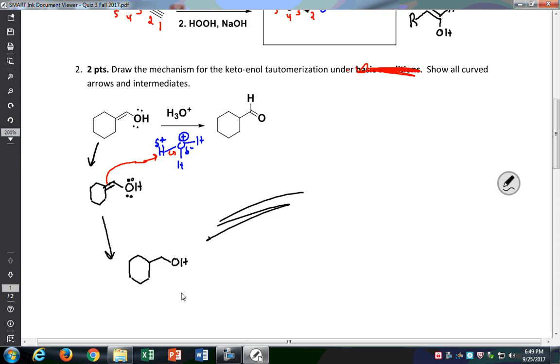So now we have a carbocation, and it is in resonance with the electrons of our oxygen, because we have a positive charge near a lone pair.